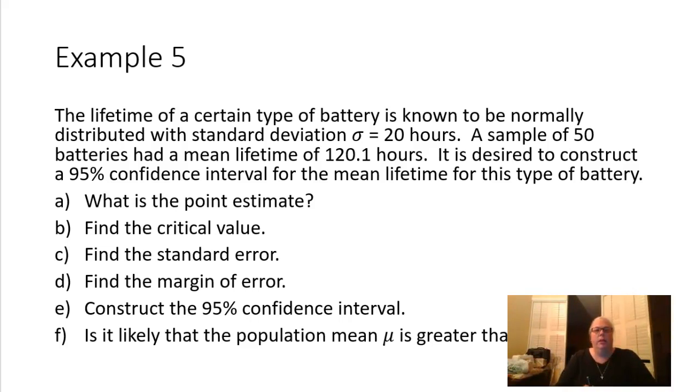Okay, let's look at the things that we know here. We've got our sigma right here. The sample size, that's n. Okay, mean. This is going to be our point estimate.